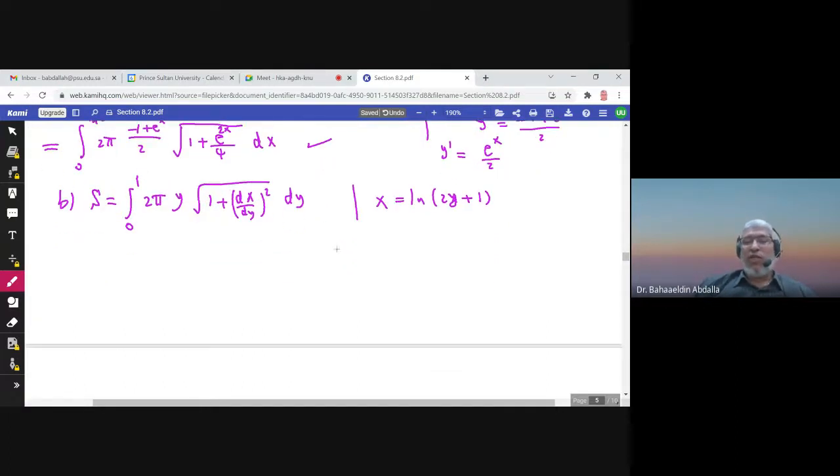So I need to find x prime: 1 over 2y plus 1 times the derivative of 2y plus 1, which is 2. I cannot cancel 2 with 2.